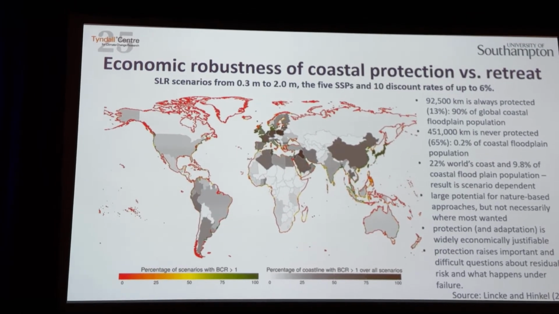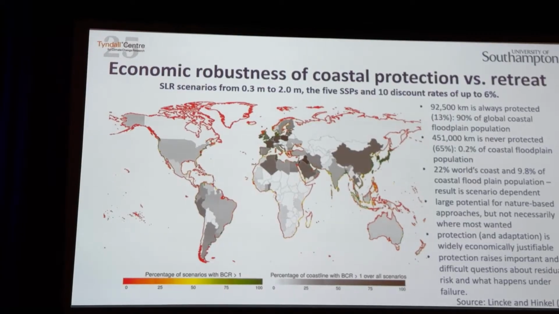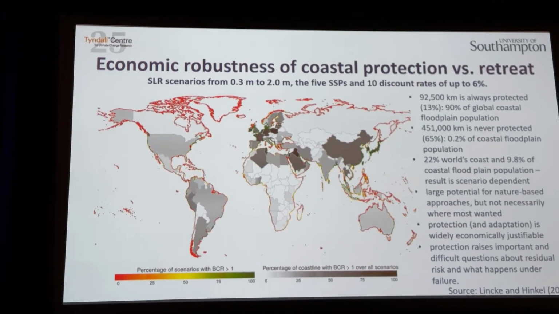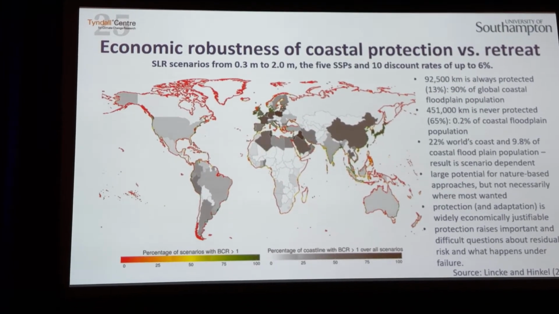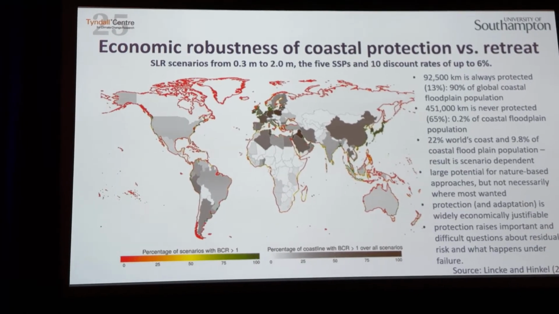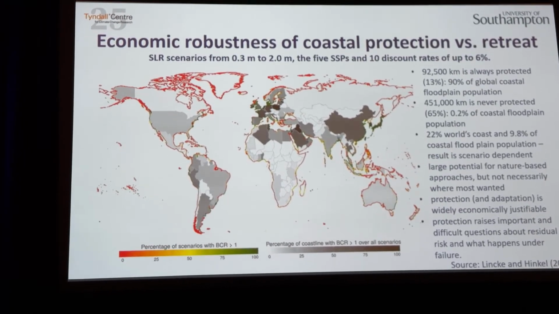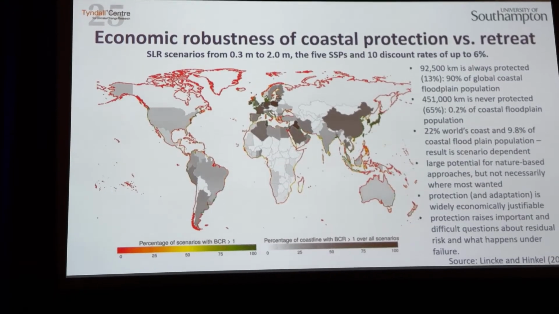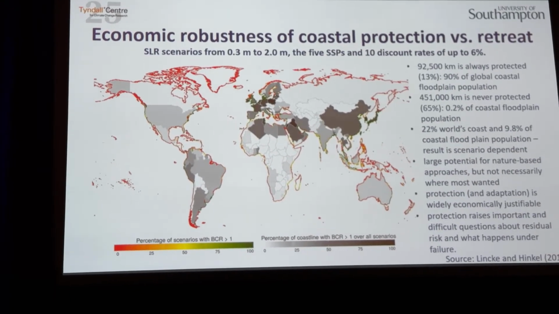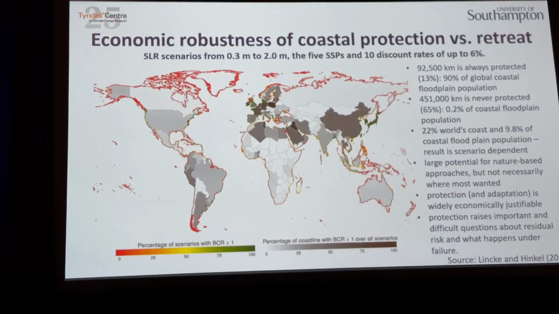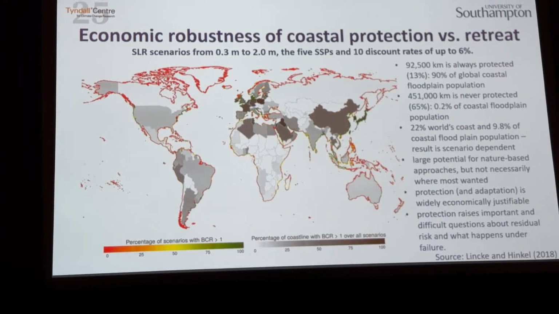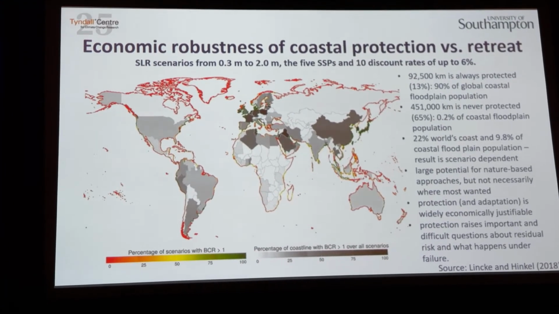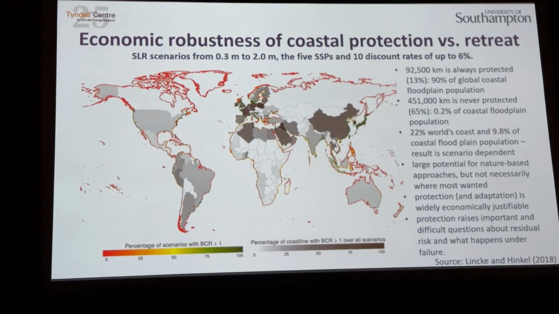We tend to look at an optimization, build to some design level. What happens about residual risk and what happens in failure? That's a difficult question. As sea level rises, the water gets deeper when you get failure. And I'm struck, like in New Orleans, I think it was Hurricane Betsy in '65, you saw people walking around, and they were sort of pictures.